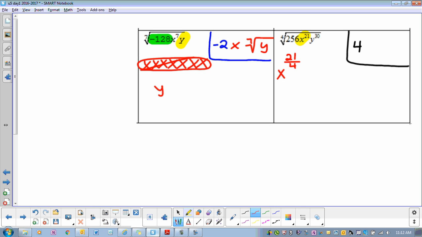So basically what you're doing is you're doing 21 divided by 4. Regular long division. What is the closest number you can get to the multiple of 4 without going over 21? 20, right? 4 times what gives you 20?